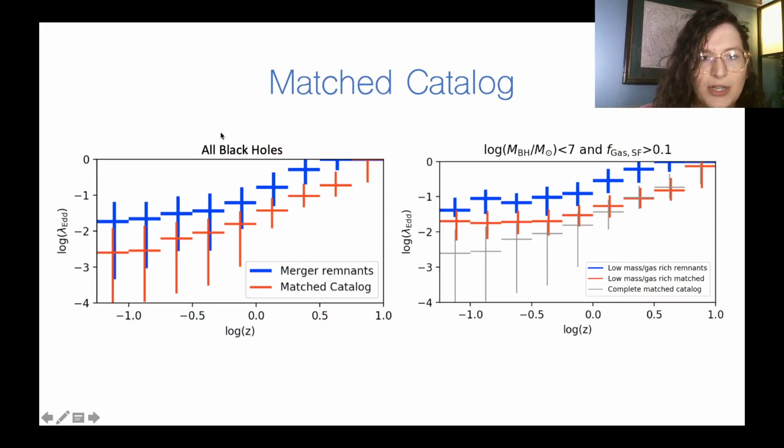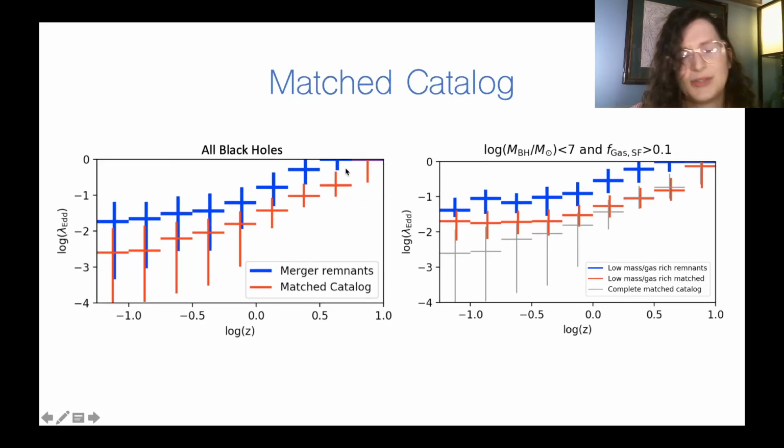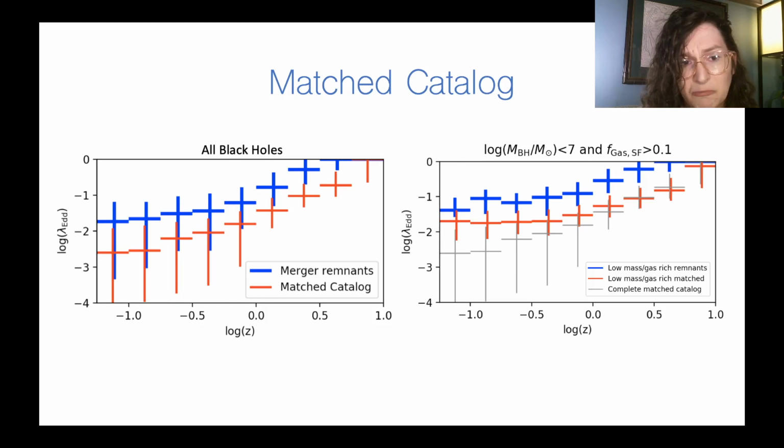And when we look at all black holes in that matched catalog, what we see is that that big enhancement at early times decreases a little bit. Remember, this is the gap from before. So much less of a gap there, but a relatively similar enhancement at low redshift.